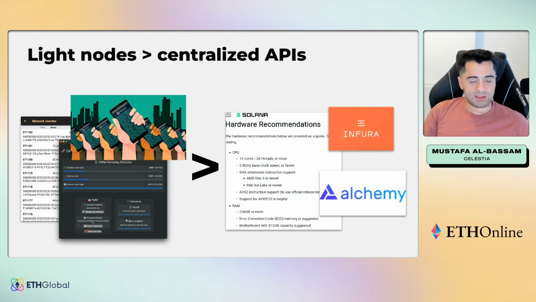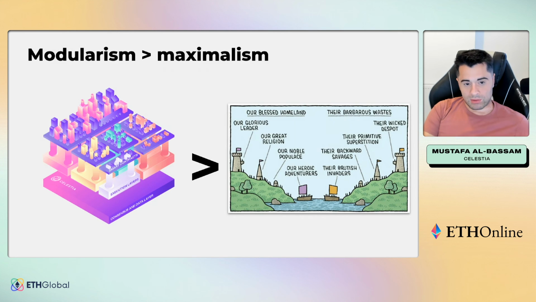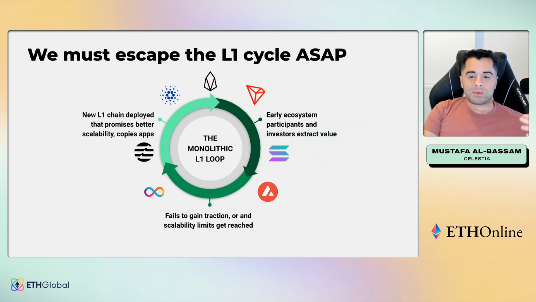But with light nodes, especially using fraud proofs and sampling, we now have the opportunity to make it possible for wallets to connect directly to the peer-to-peer network instead of using some centralized RPC endpoint. We also have the opportunity to build a more positive sum ecosystem that evolves past maximalism and has modularism, where different components can interact with each other while they're trying to compete with each other.